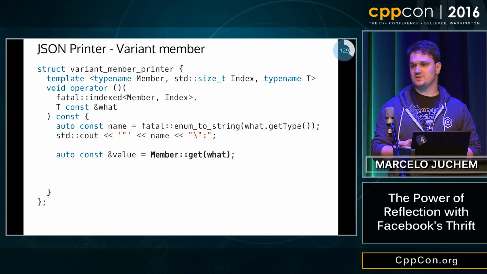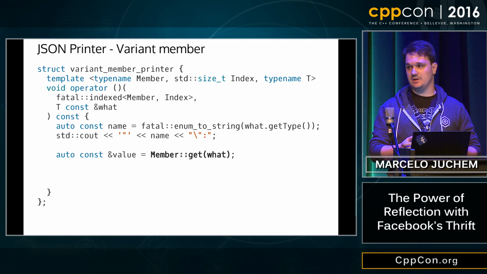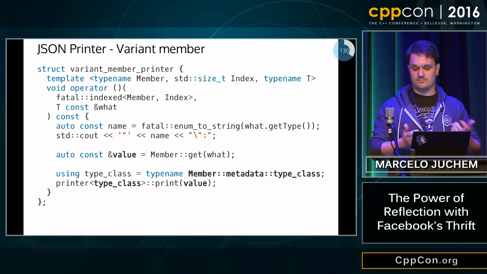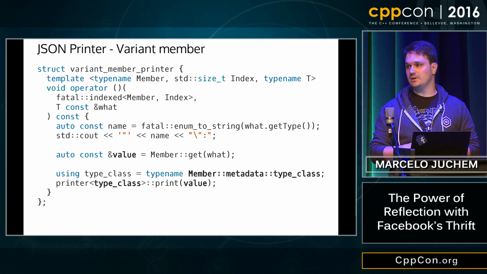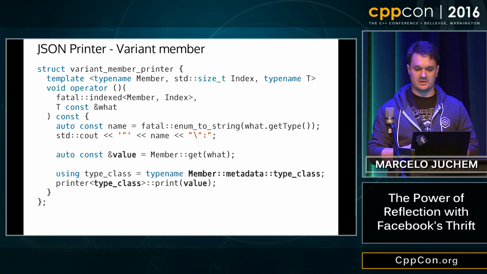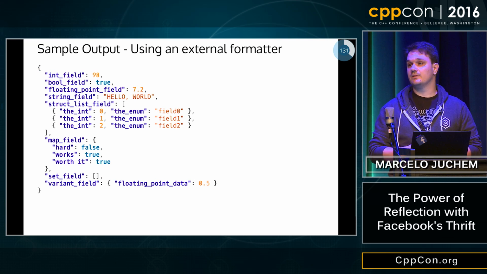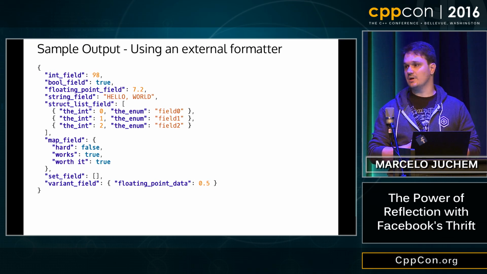We get a reference to what's stored in the variant, because we need to be able to print whatever is stored in there. And we delegate that to printer with the correct type class in mind. So whatever is stored there, we're going to forward it to the correct implementation. And that's pretty much it. That's how we implement a JSON pretty printer using static reflection.